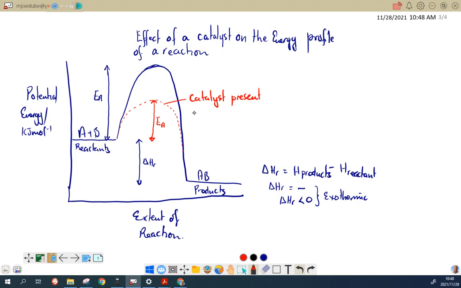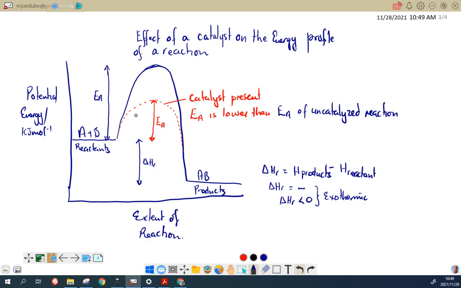Right? So what we observe is that the EA is lower than the EA of the uncatalyzed profile. So does the catalyst lower the activation energy?